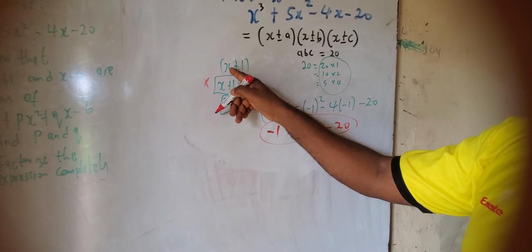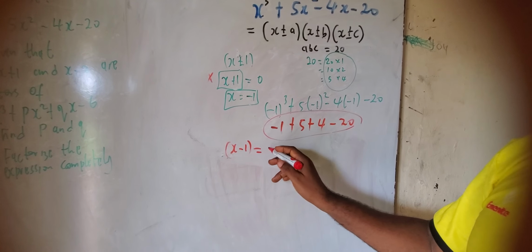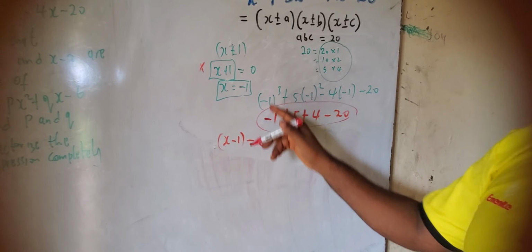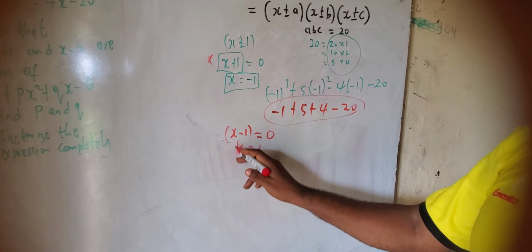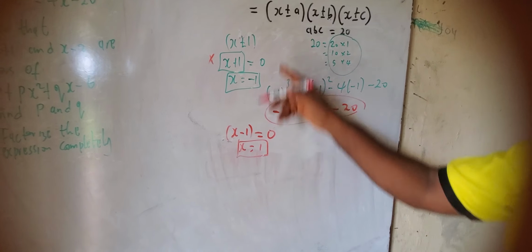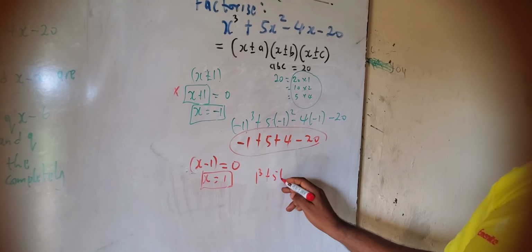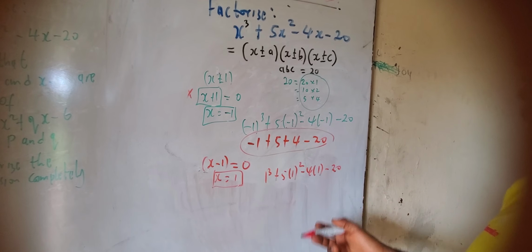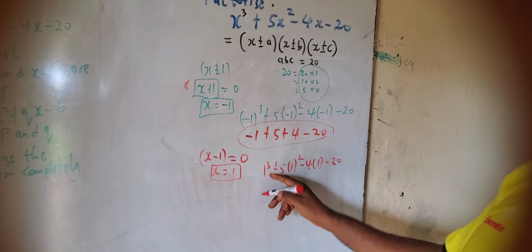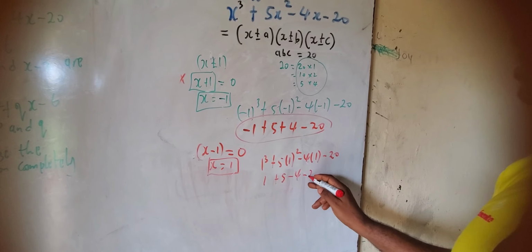Now let me try x minus 1. Set x minus 1 to 0 like the way I've done before. So I'm going to carry minus 1 to that side. That means I'm going to test when x is 1. So I'm going to have 1 raised to power 3 plus 5 times 1 squared minus 4 times 1 minus 20. So 1 plus 5 minus 4 minus 20.